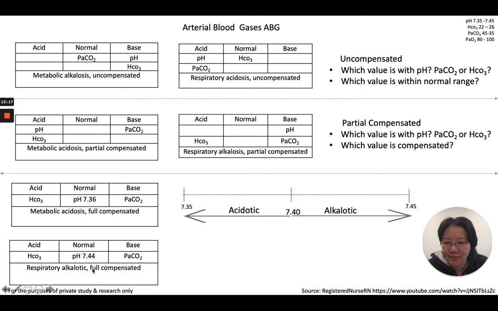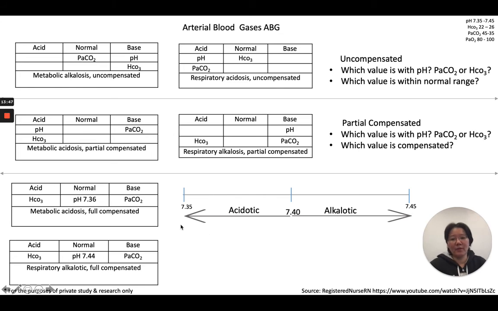Next one, for example, pH 7.44. So pH 7.44 is alkalotic, and here it's on the right side. So you're going to go to the right side here. On the right side, you've got the base, PaCO2. That's respiratory. So respiratory alkalotic full compensation.